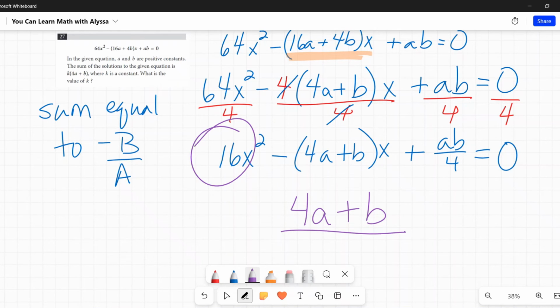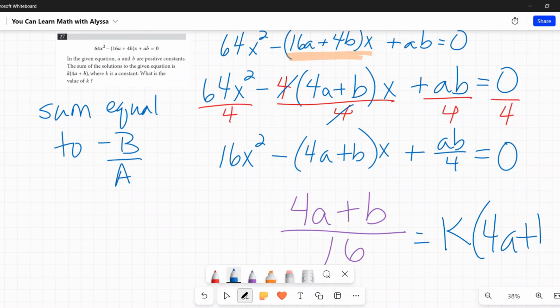All right, so again, that first capital A, that first coefficient, is going to be 16. Now that is the sum of the solutions, but we were told up here that the sum of the solutions is k times 4a plus b. You're like, what? I'm so close.